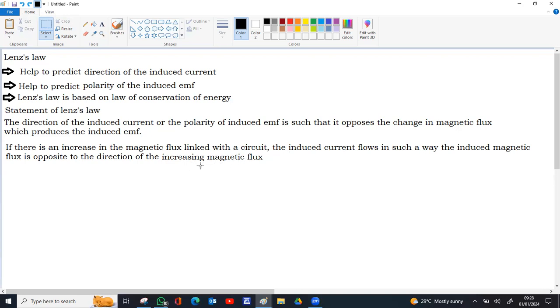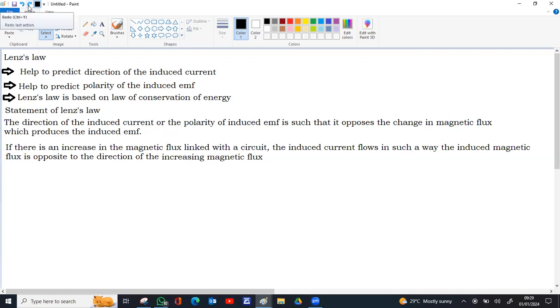So if the magnetic field lines increase from 5 to 10, there's an increase in the magnetic flux. So the induced current should produce magnetic field lines in the opposite direction of the increasing magnetic flux. Here it is in the opposite direction of the existing magnetic flux also.